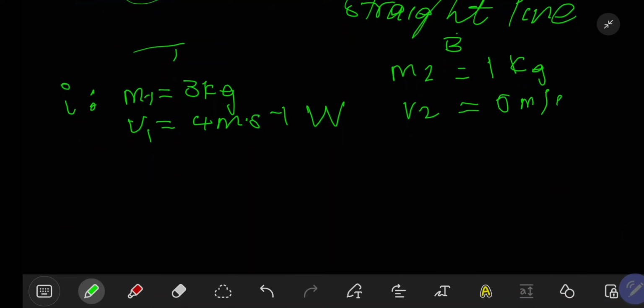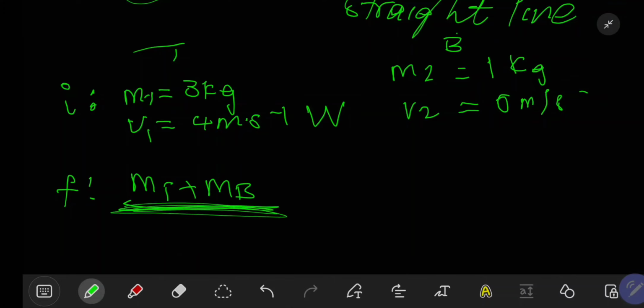And then we had our final stage, whereby we had the mass of the trolley plus the mass of the brick as a single mass, the mass of the system, and they wanted the velocity of the system. We can calculate this to be 3 kg plus 1 kg, which becomes 4 kg. Then they want the velocity there in the final stage.